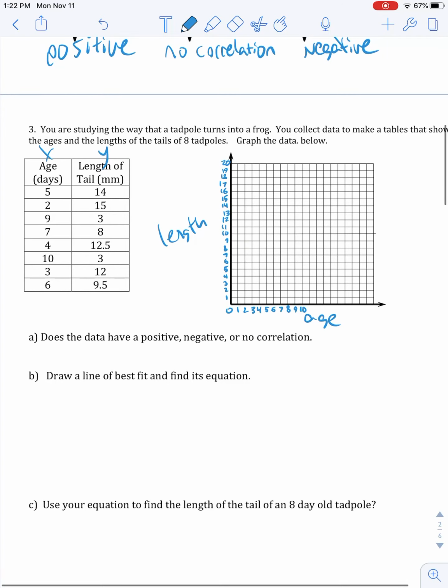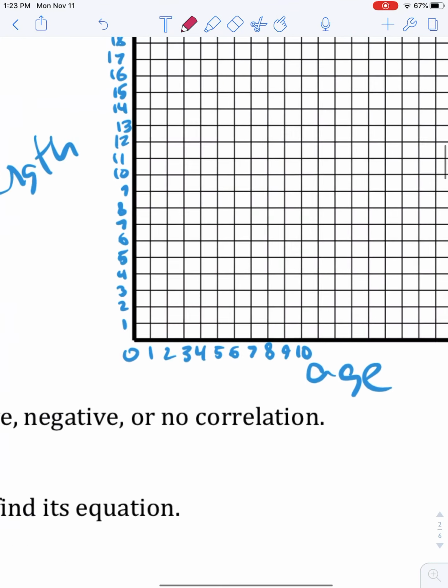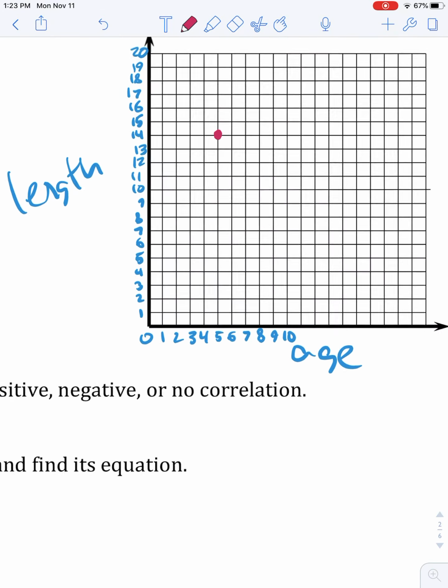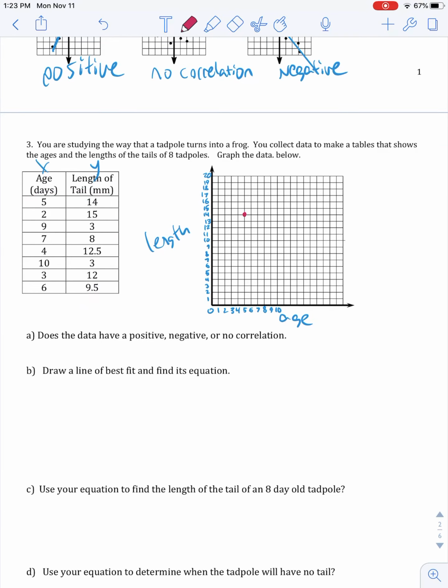So at day 5, we've got 14. So 5 and 14. Be careful here to be accurate. 2, 15. I'm just taking these ordered pairs and putting them on the graph.